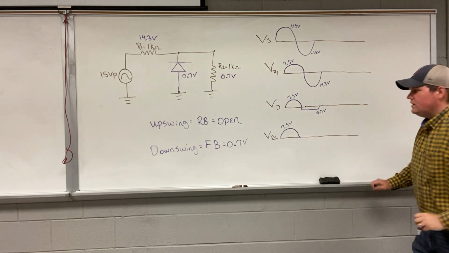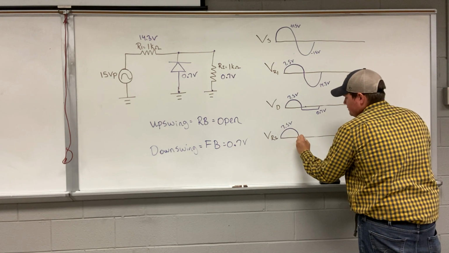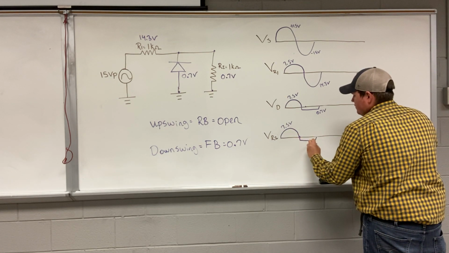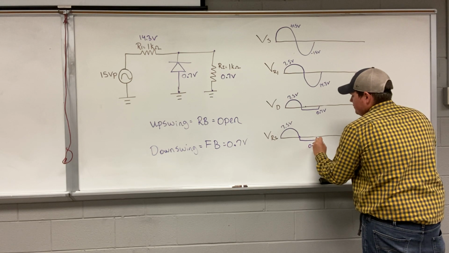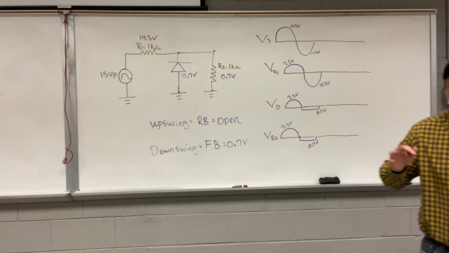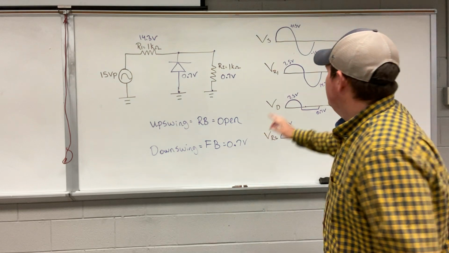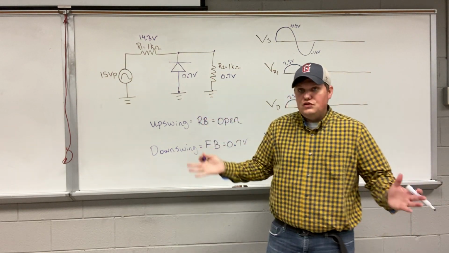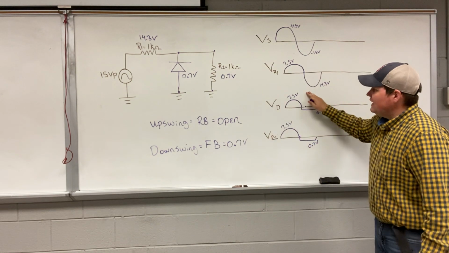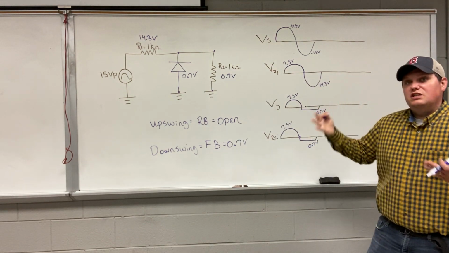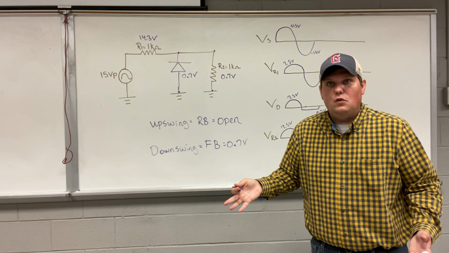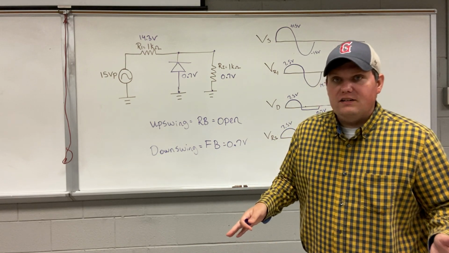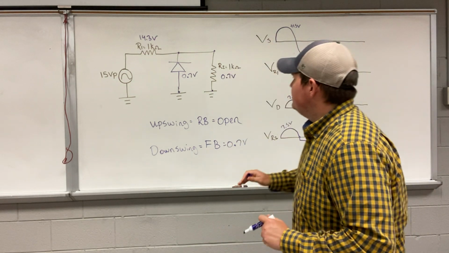And on R2, we do the same thing. So go back and compare this with the previous circuit, and you'll see that this is the same waveforms, just flipped. Okay? So it's easy as that. So that's all there is to this.